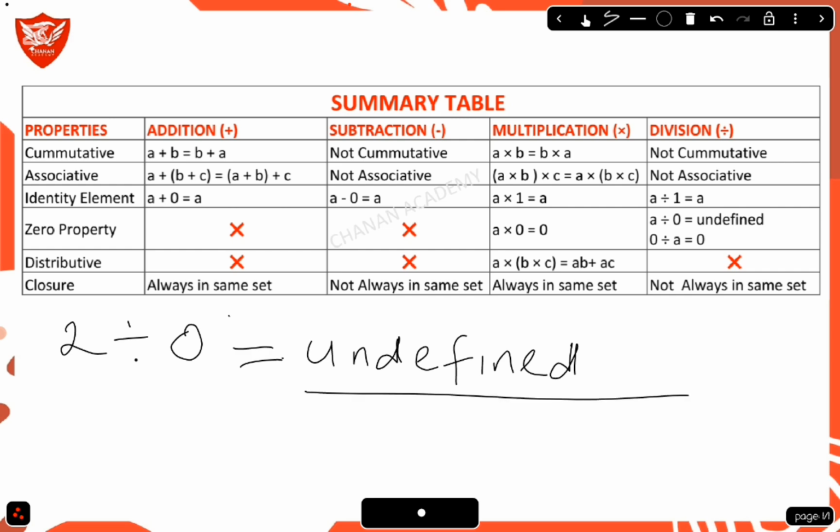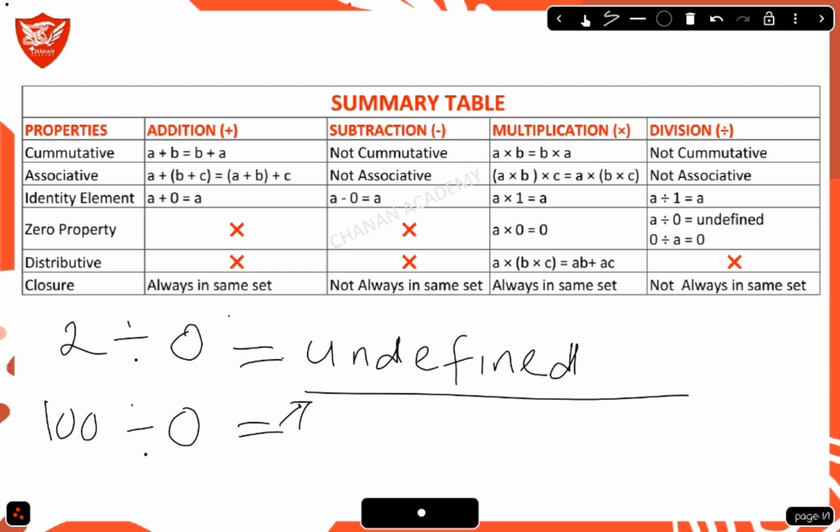When you check your calculator, if you have your calculator with you, any value, say 100 divided by 0, the answer will still be undefined.